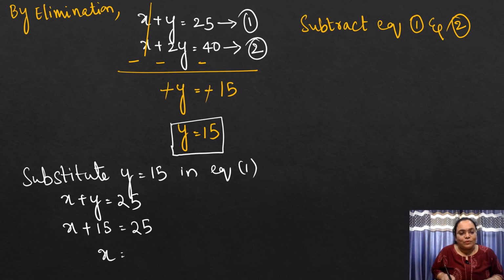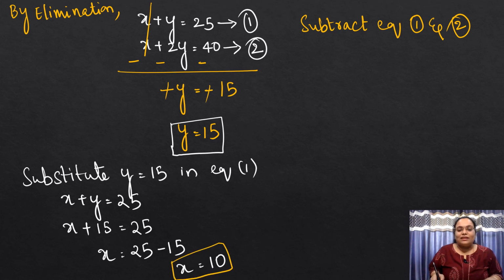So x is equal to 25 minus 15. You will get x is equal to 10. We assumed the number of 50 rupees notes to be x and the number of 100 rupees notes to be y. So Meena received 10 50-rupees notes and 15 100-rupees notes.